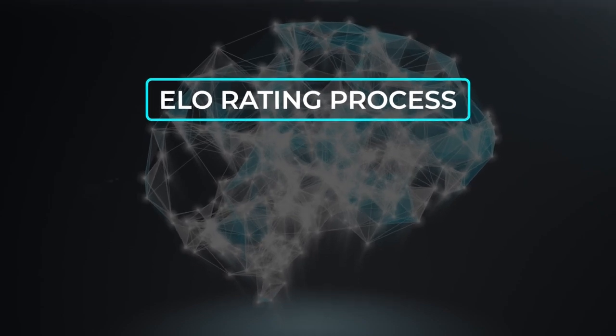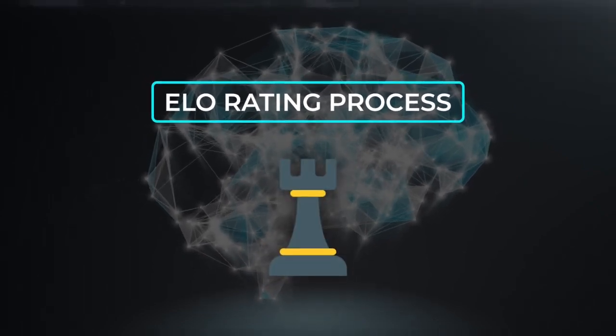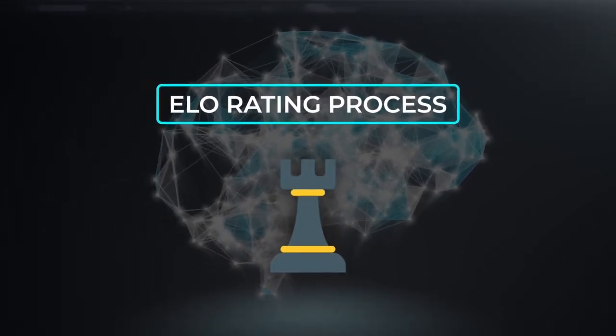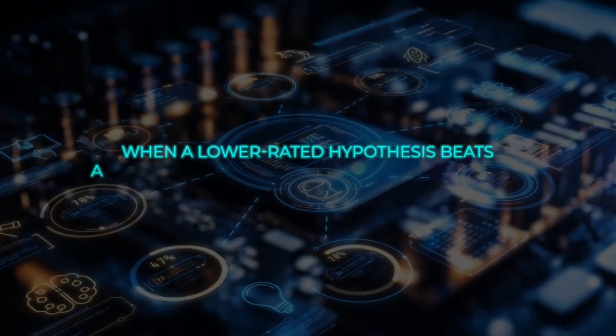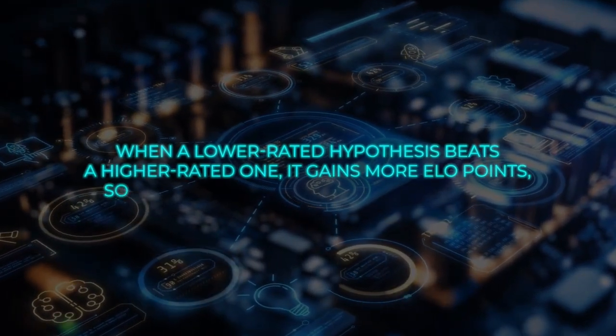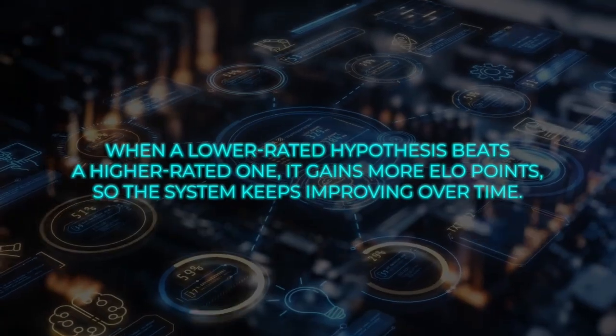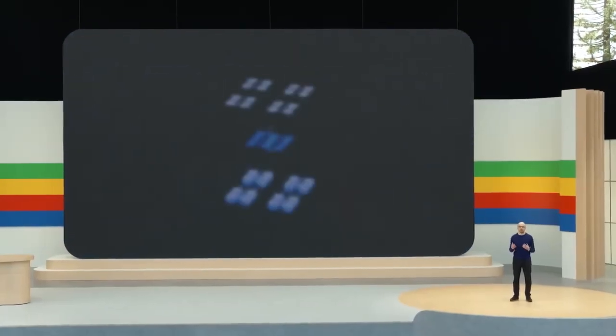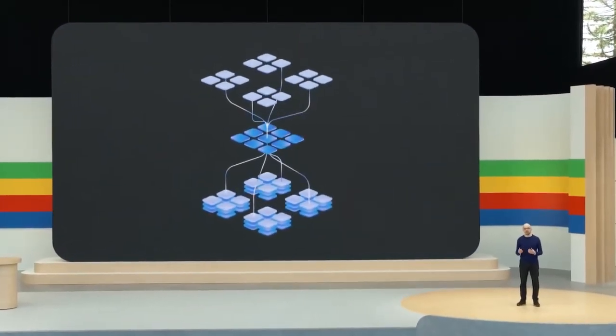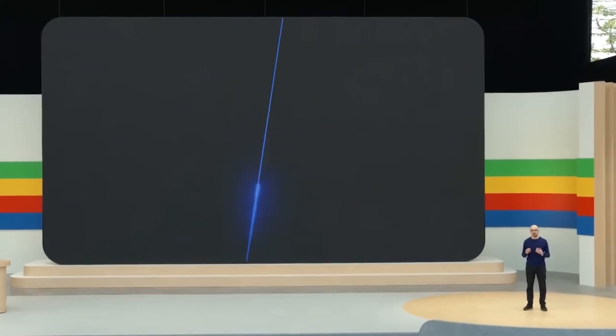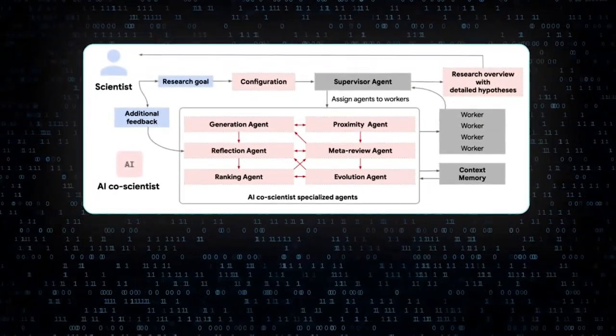The ranking system is based on ELO ratings, similar to those used in chess. When a lower-rated hypothesis outperforms a higher-rated one, it gains more ELO points, allowing the system to improve over time. The team behind this AI introduced novelty and impact metrics to evaluate its performance compared to other AI models.